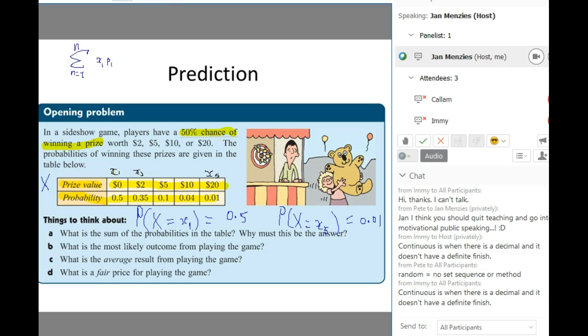Is there any way that we can tell that we've considered every single outcome? Do you want to do the sum of the individual probabilities? What do we get? You can get out your calculator.